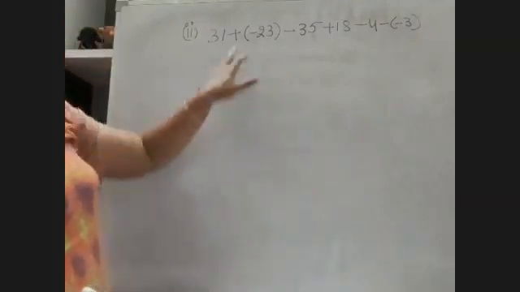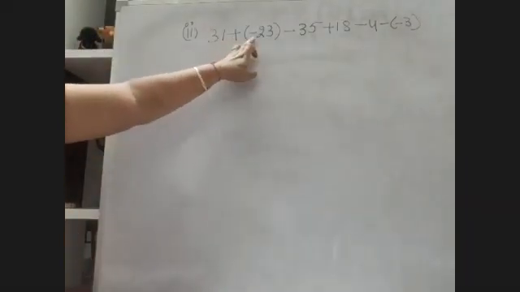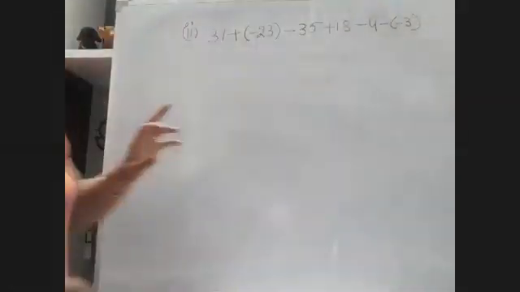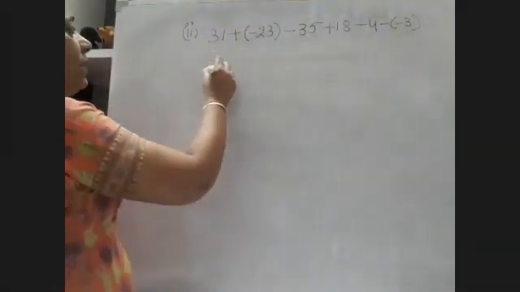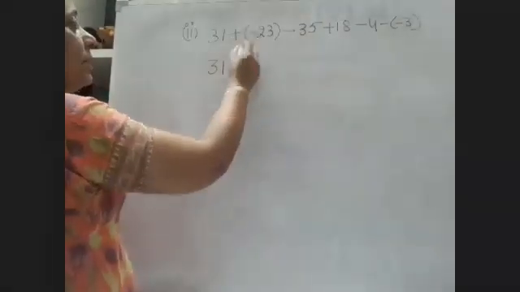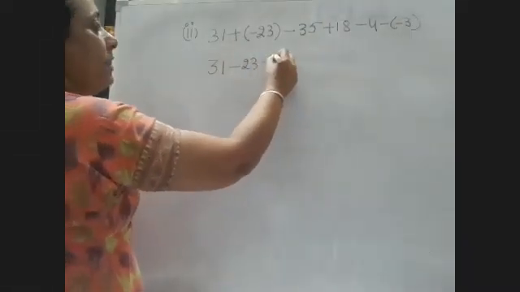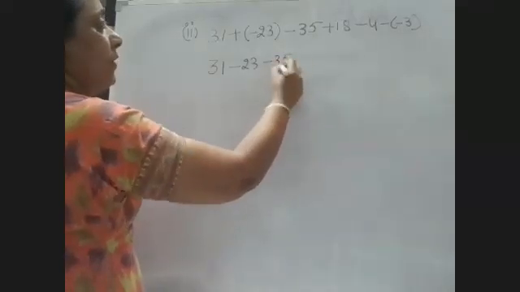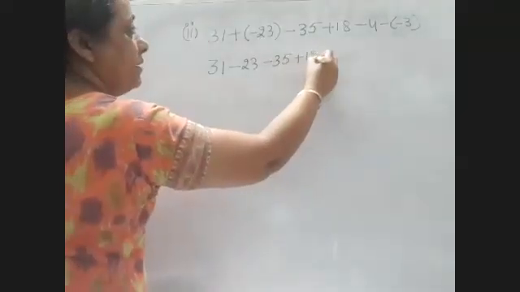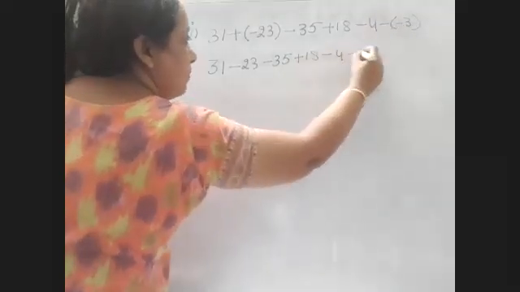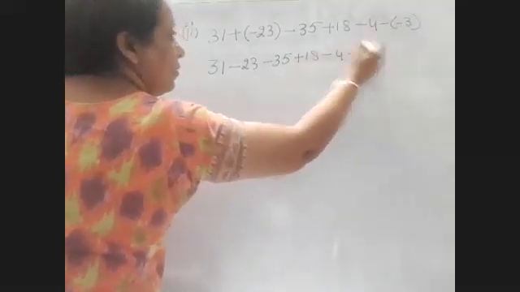Yes, friends, first we solve these two signs, plus minus and minus minus. Let's write it as 31 plus minus 23 minus 35 plus 18 minus 4 minus plus 3.